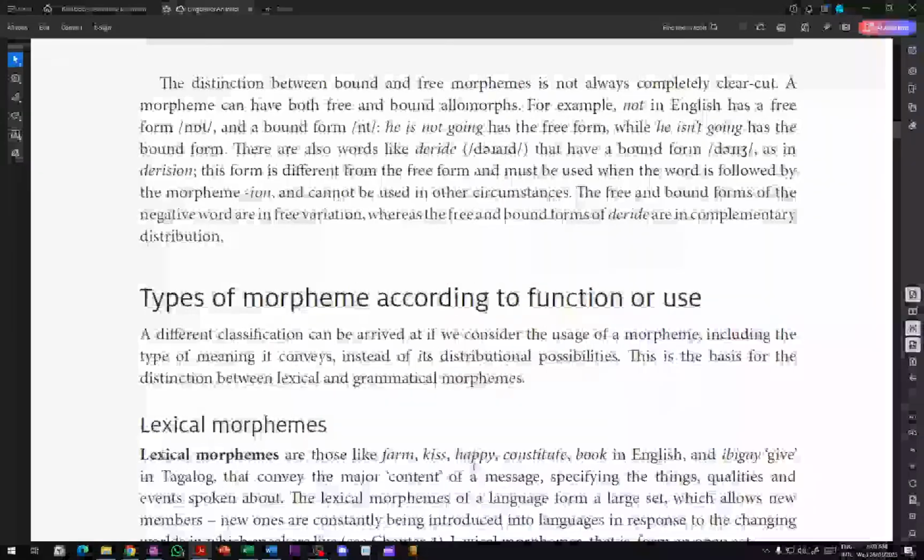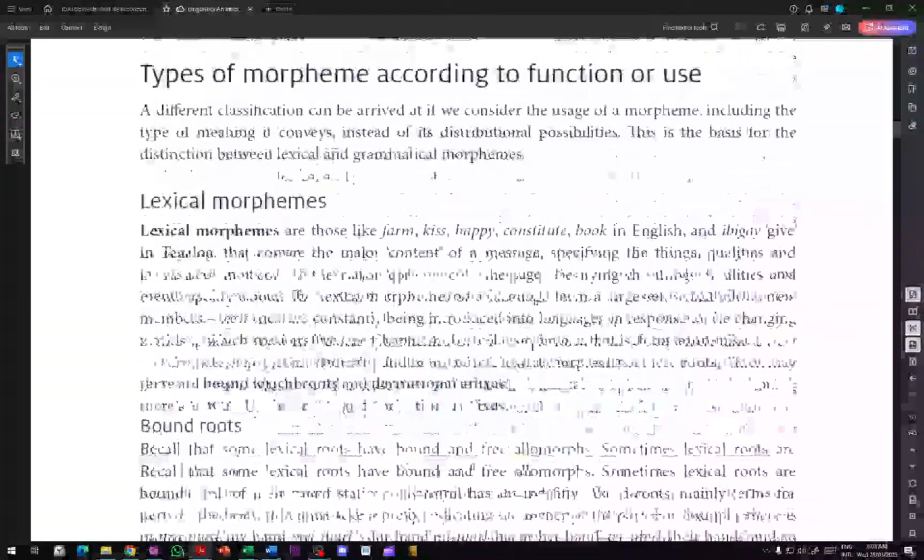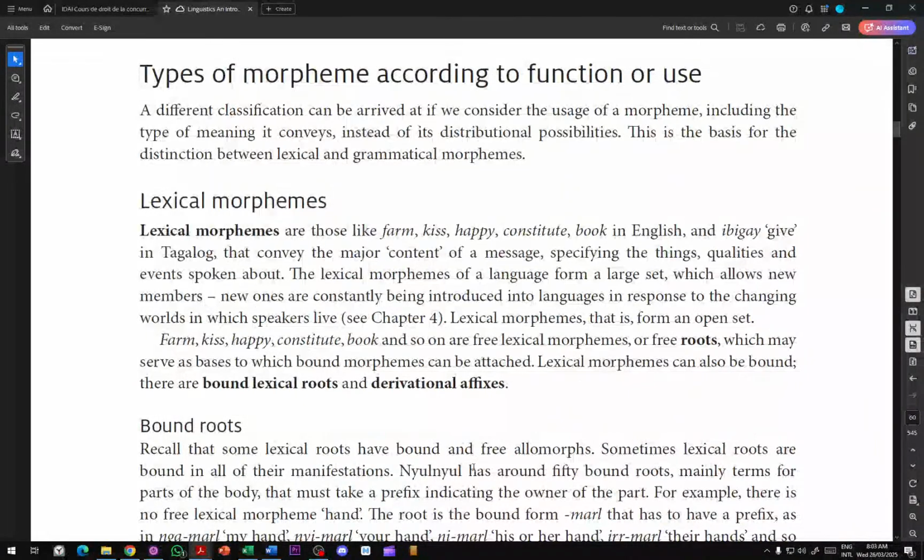Perhaps we will understand better later.